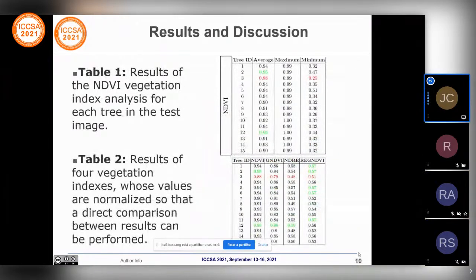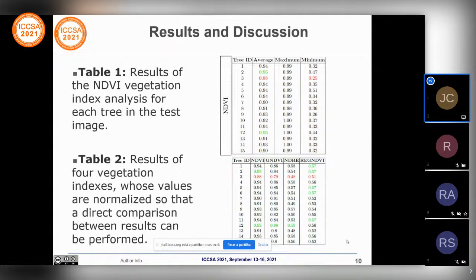Table 1 shows the results of the NDVI vegetation index analysis of each tree and tree image. And table 2 shows the results of 4 vegetation indexes, whose values are normalized so that direct comparison between results can be performed.